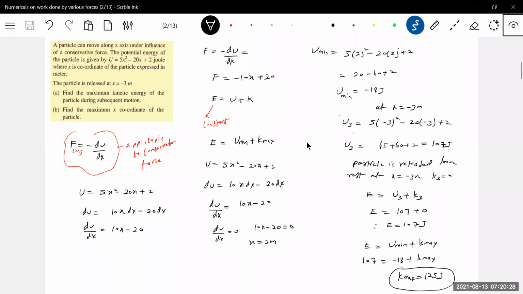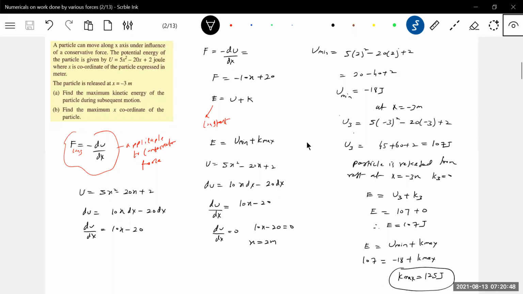When the total mechanical energy is 107, where kinetic energy is 0, check it. When potential energy becomes equal to 107 joules, that's all, no?